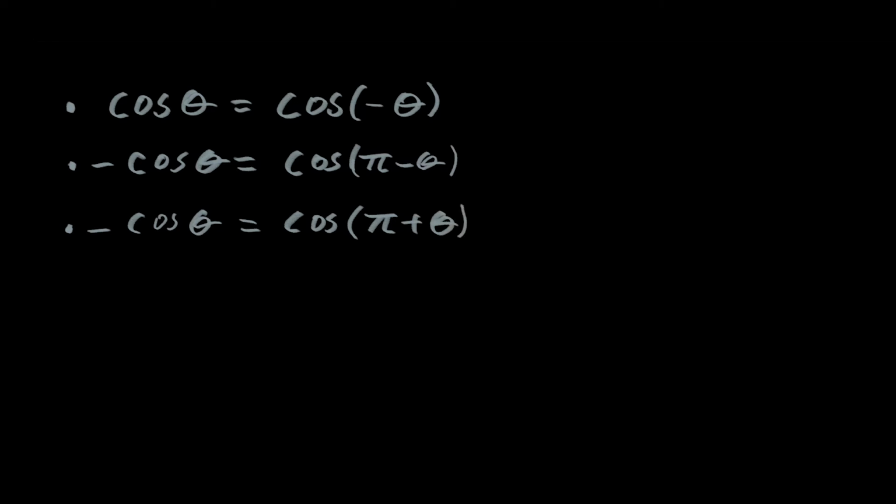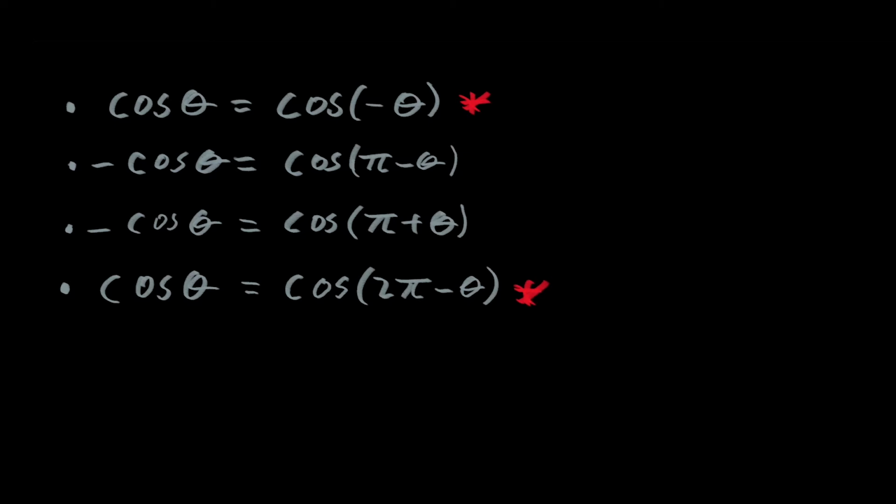So from this you can see that these two on the right hand side are equal. And the last one is that cosine of theta is equal to the cosine of 2 pi minus theta. So you can see that cosine of negative theta and cosine of 2 pi minus theta are equal because they are both equal to the cosine of theta.